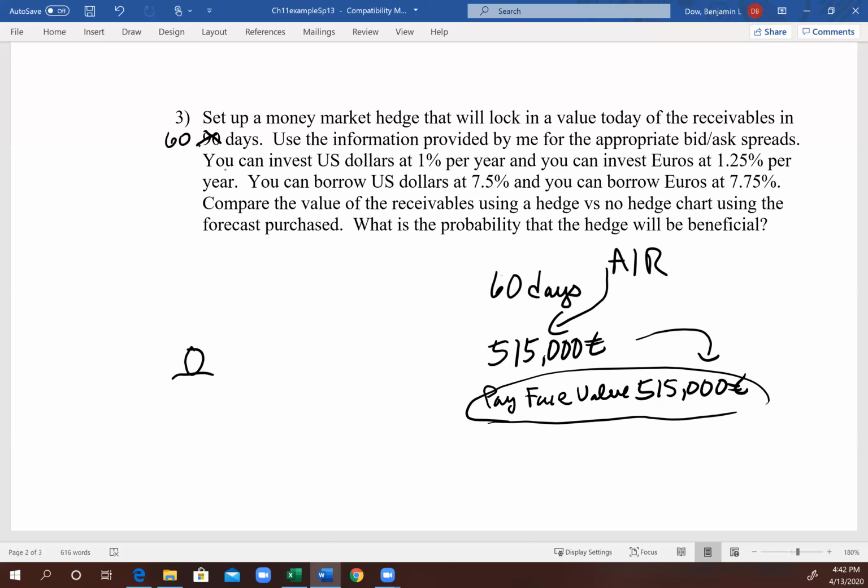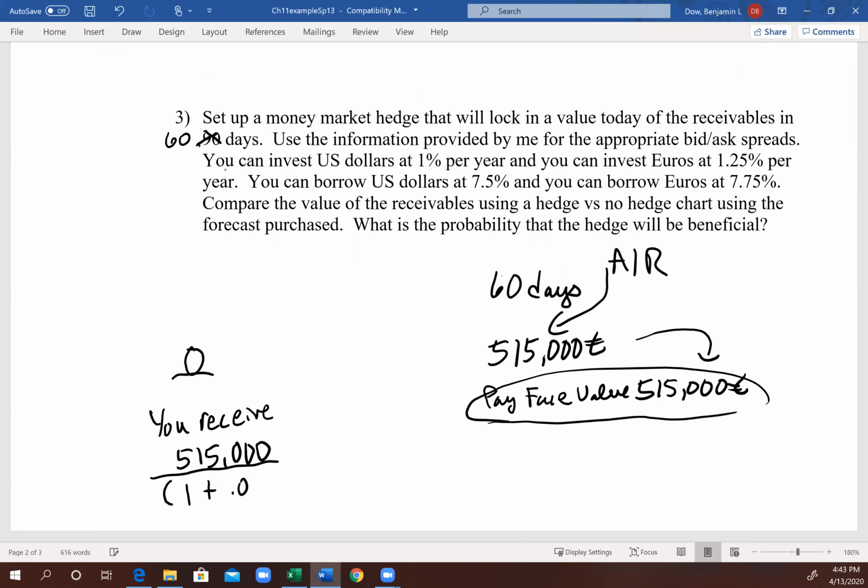And what the buyer is going to pay you is something less than 515,000. How much less? It depends on what the interest rate is.